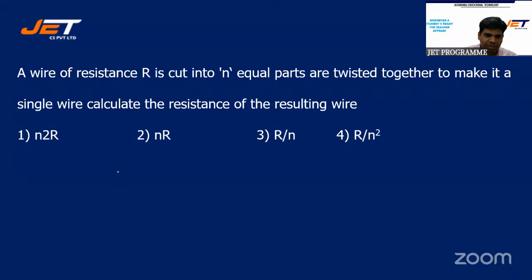The question says a wire of resistance R is divided into n equal parts. Let's say 3 parts. These 3 parts are now connected like this.